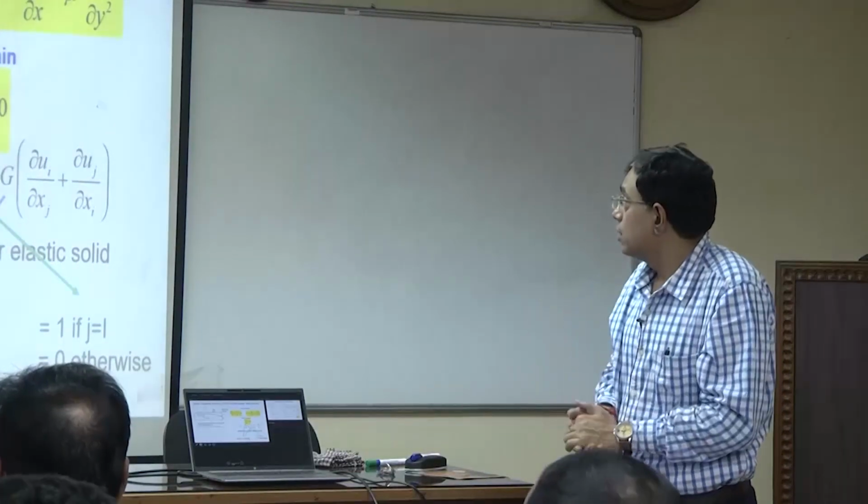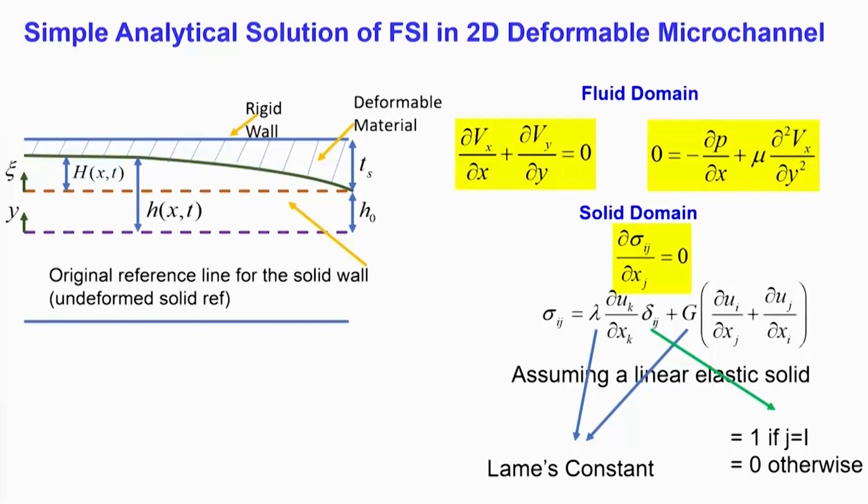Okay. So, for the fluid domain I have used V for velocity. So, the continuity and the momentum equation, this is a micro capillary where the Reynolds number is very small. I told at the very beginning that in physiological fluid mechanics you have a wide range of Reynolds number, from very large in large arteries to very low in these small ones.